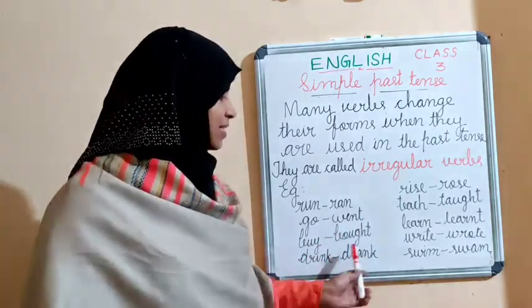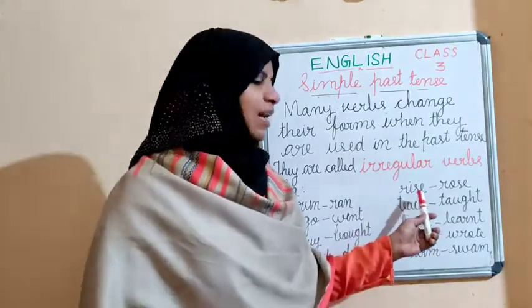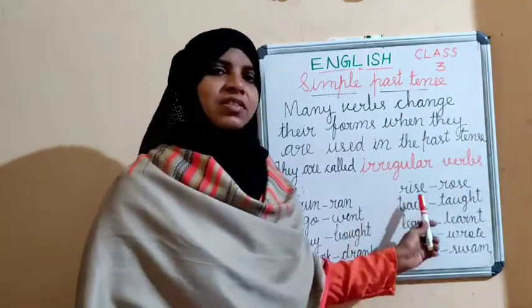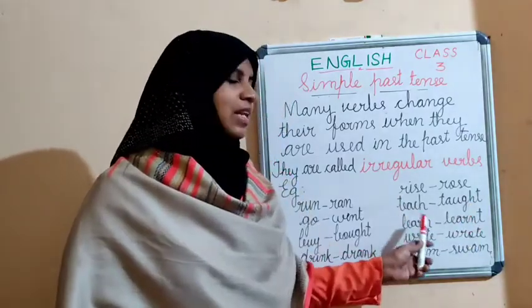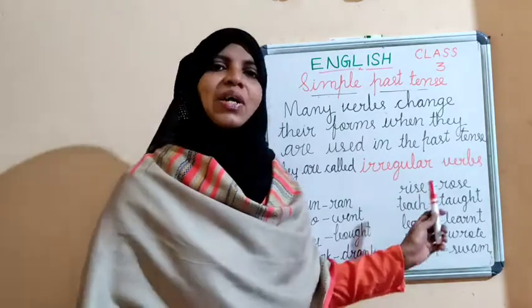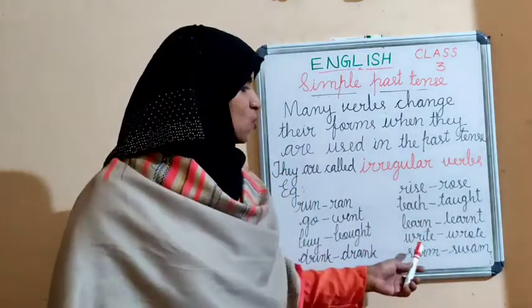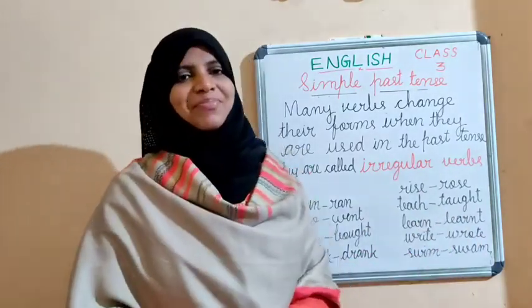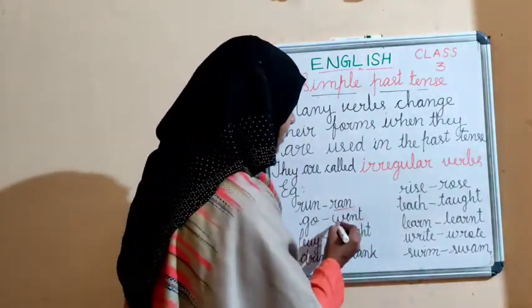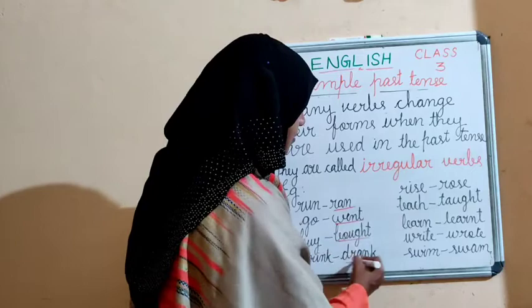Drink, drank. Rise, rose. Teach, taught. Learn, learned. Write, wrote. Swim, swam. See, in the past tense, spellings are changed.